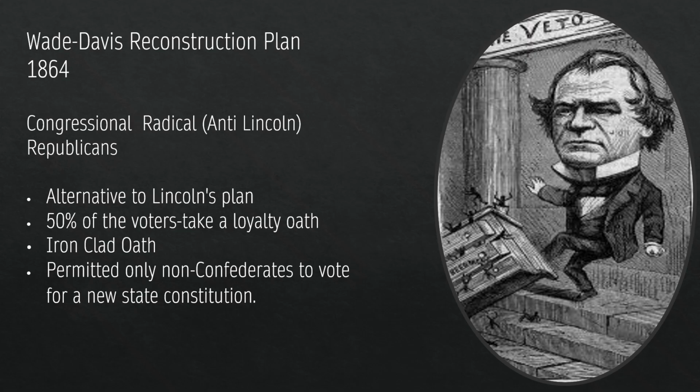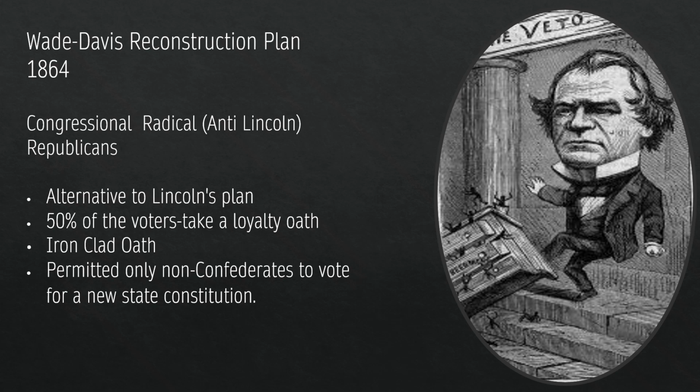The plan also calls for immediate voting rights for Southern African Americans and allowed only non-Confederates to participate in drafting new state constitutions. So in these Southern states, they have to have this ironclad oath where, first off, they need 50% of their population to swear their allegiance to the Union.